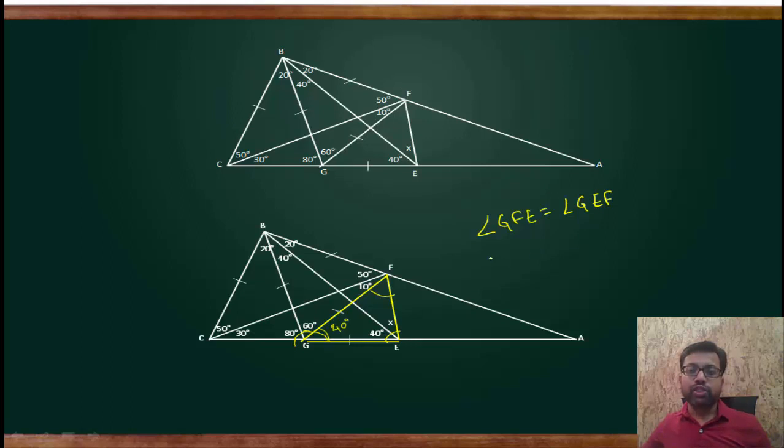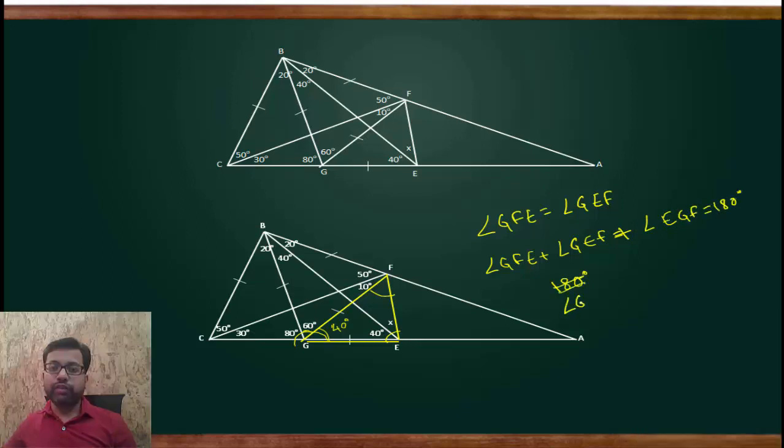Angle GFE would be equal to angle GEF, right? And what will angle GFE plus angle GEF be equal to? In the triangle GFE, angle GFE plus GEF plus angle EGF would be 180 degrees. Angle GFE plus angle GEF will be equal to 180 degrees minus angle EGF.